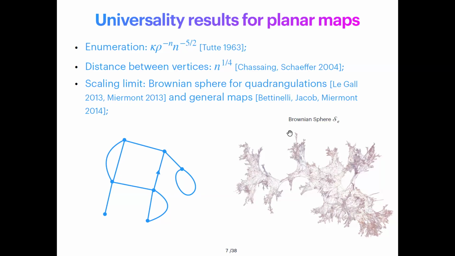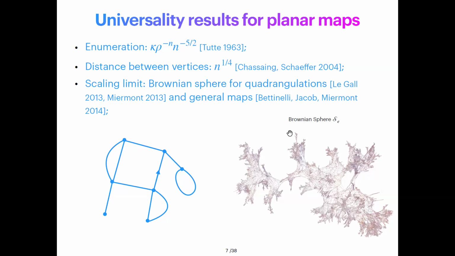We know that if we take a uniform map of size n and two uniform vertices, the distance between these two vertices is around n to the power of 1/4, and we have a notion of limit that is not important really for our talk. Just admit that this is the notion of limit for maps, which is what we call the Brownian sphere or the Brownian map for general planar maps.